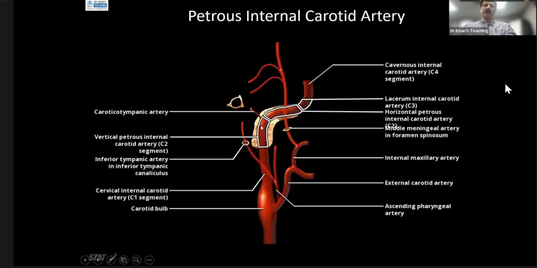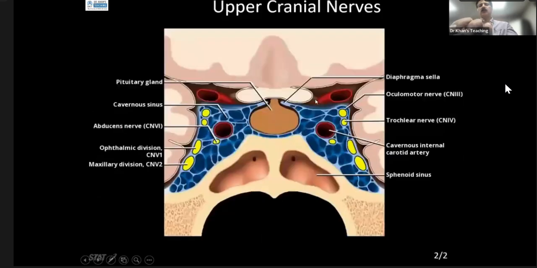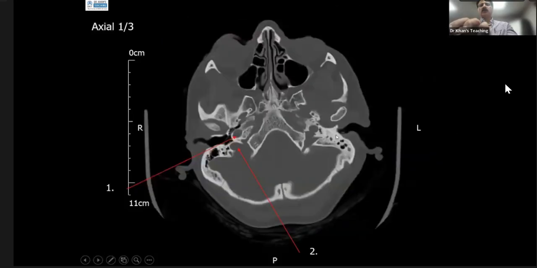You can see this, it is going vertically. This is known as the vertical portion. And then there is a horizontal portion in the carotid canal. And then it passes on top of the foramen lacerum, and then it goes into the cavernous sinus. So you remember that this is where it is passing through the cavernous sinus.